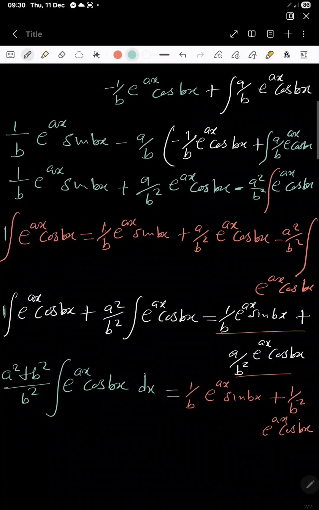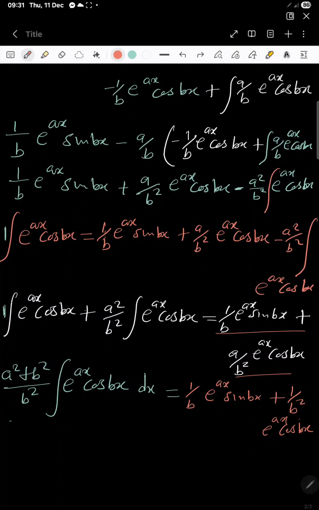Instead of dividing by a squared plus b squared over b squared, you can just multiply throughout by the reciprocal of that.